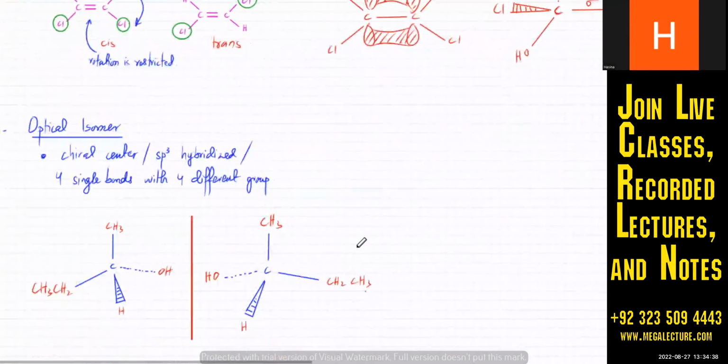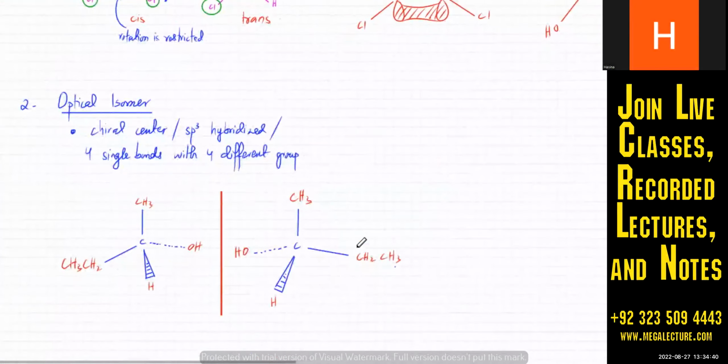And you have optical isomers where we've got a chiral center, which is going to form mirror images. The chiral center is an sp3 hybridized carbon atom, which means that it's making 4 bonds. It's tetrahedral, and it's going to make 4 single bonds with 4 different groups. When it does that, the molecule will have a mirrored version as well, just like your two hands.